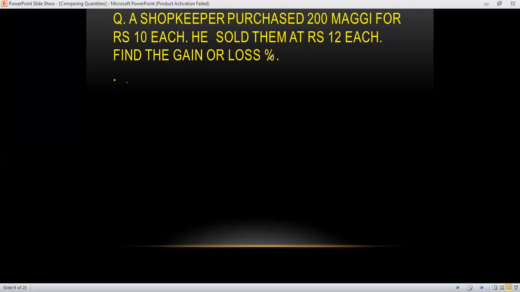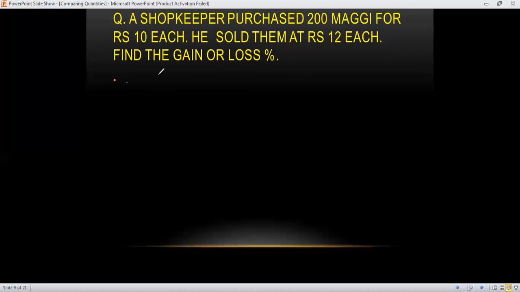So here, for 200 Maggies, the CP, cost price, was 10 for each, but the shopkeeper sold it for rupees 12 each. So here we have to find the gain or loss percentage.